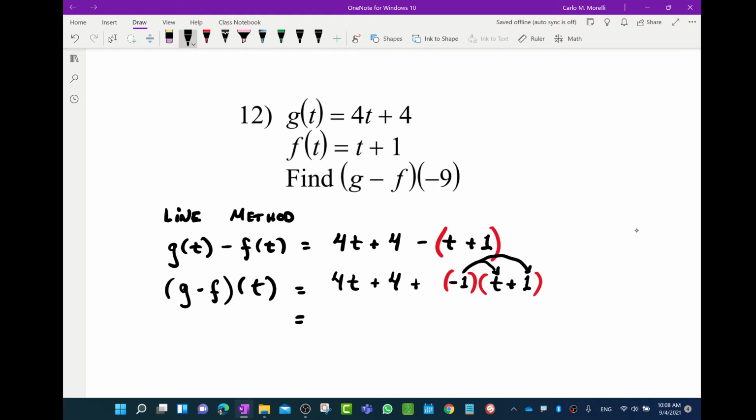So what would that equal? 4t plus 4. And then let's see what happens.